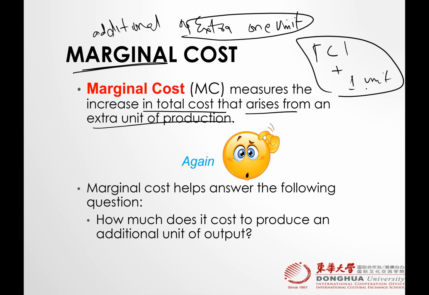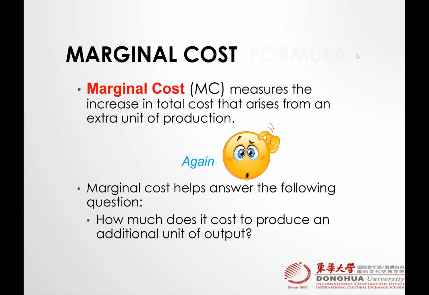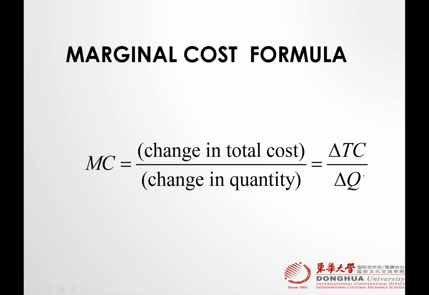And how are we going to calculate that? The formula is change in total cost divided by change in quantity. Remember, this is change in quantity, not labor or inputs.